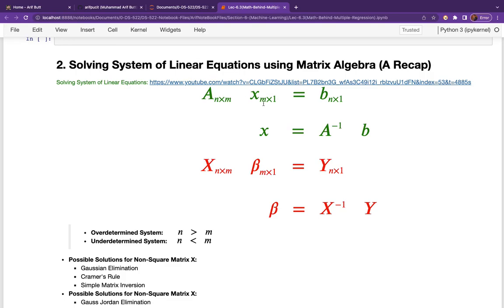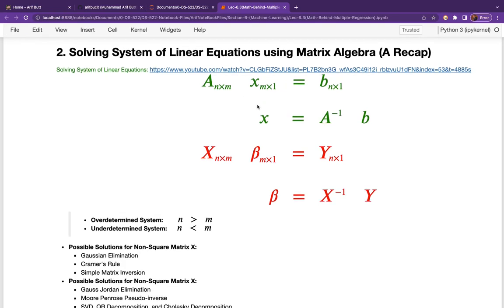We have already studied that a system of linear equations can be written in matrix form as Ax equals B, which is shown at the top in green, where A is a matrix that is known, B is a vector that is also known, and we try to solve for x, which is unknown. Here A is a matrix of size n by m, where n is the number of linear equations while m is the number of unknowns.